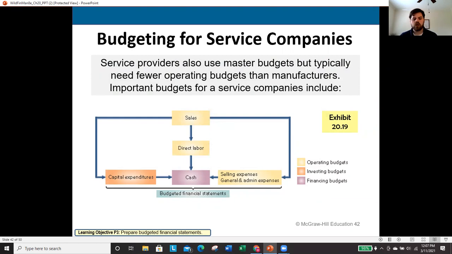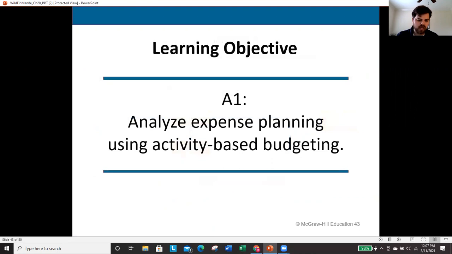So as long as you are broadly aware of the different types of budgets that are required for each, for example, maybe look at this slide and look at the slide very similar to this from early in this chapter, early in this PowerPoint, where we first looked at all of those scattered out budgets for both companies, then I think you'll be well enough prepared for this section of the test.